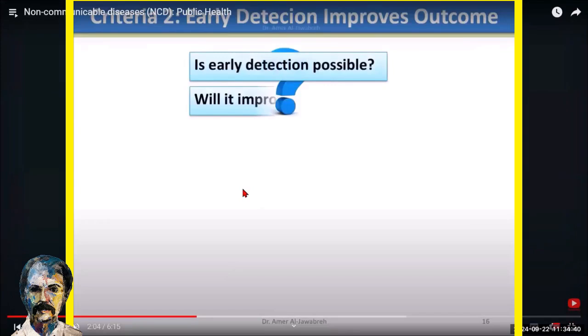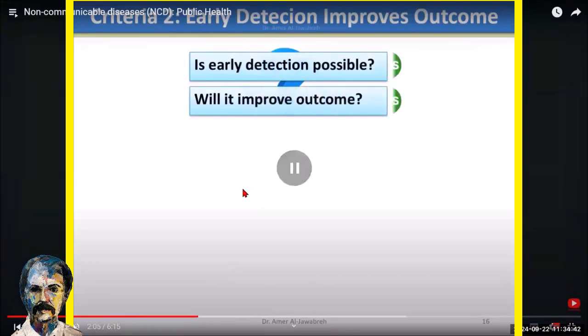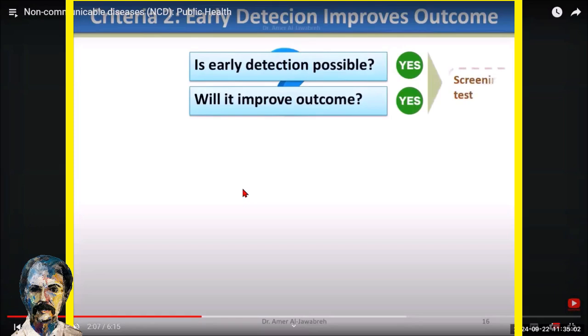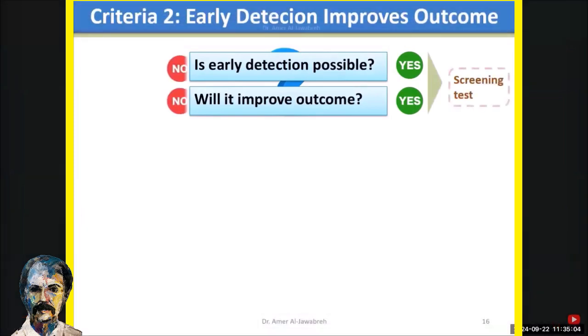Criteria: early detection improves outcome. Have a look at these two questions. Is early detection possible? Will it improve the outcome if we find that the patient has this type of cancer? Can we save him or not? If we say yes to both, then you go for screening. If you say no, no need for screening.